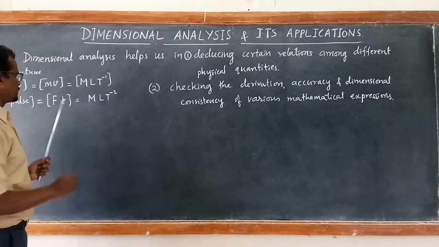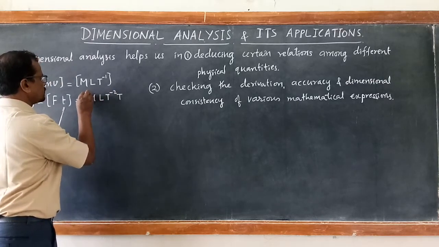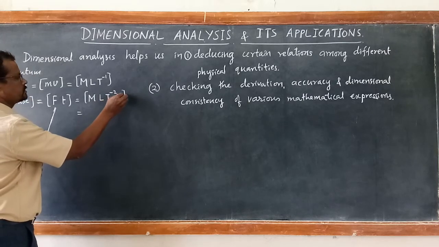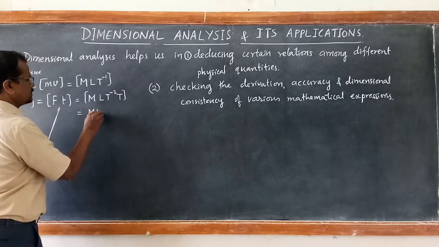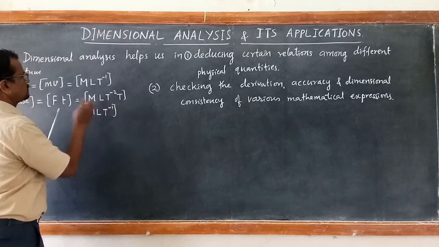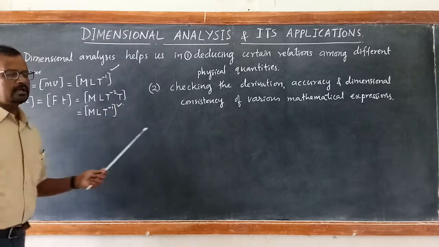And the dimension of time is t raised to 1. So L t raised to minus 2 times t raised to 1 again becomes m L t raised to minus 1. So when you look at the dimension of momentum and the dimension of impulse, both are the same.